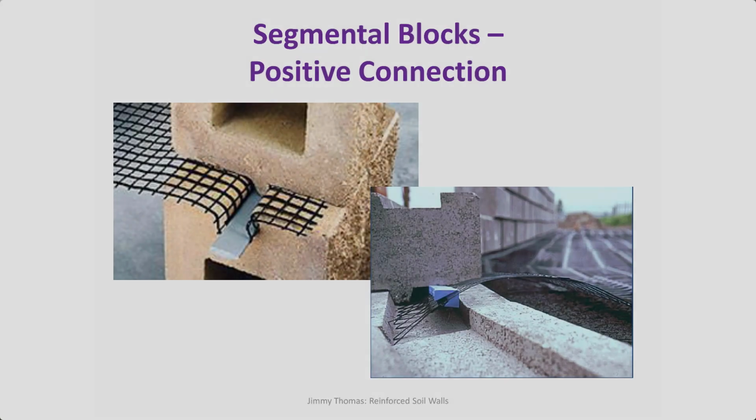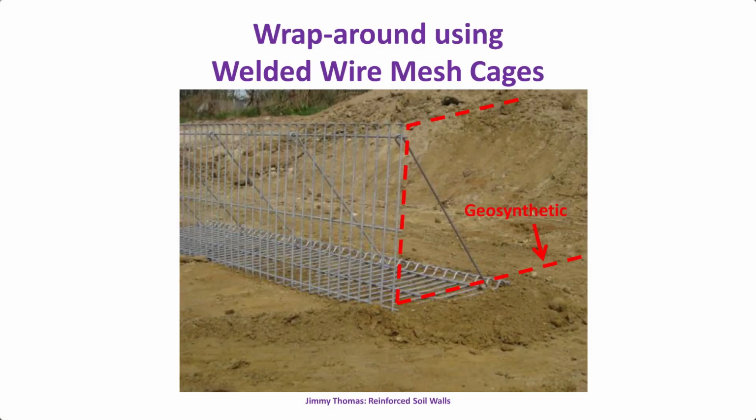But we can also have what is known as a positive connection. So there are fixtures which give something like a mechanical connection. We can have a welded wire mesh, which is bent to an L shape, then with these struts, the geogrid goes up and goes back.